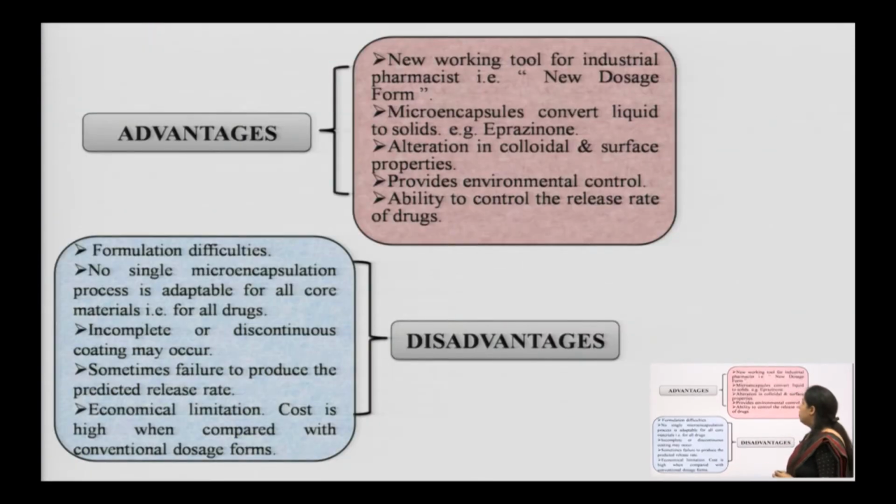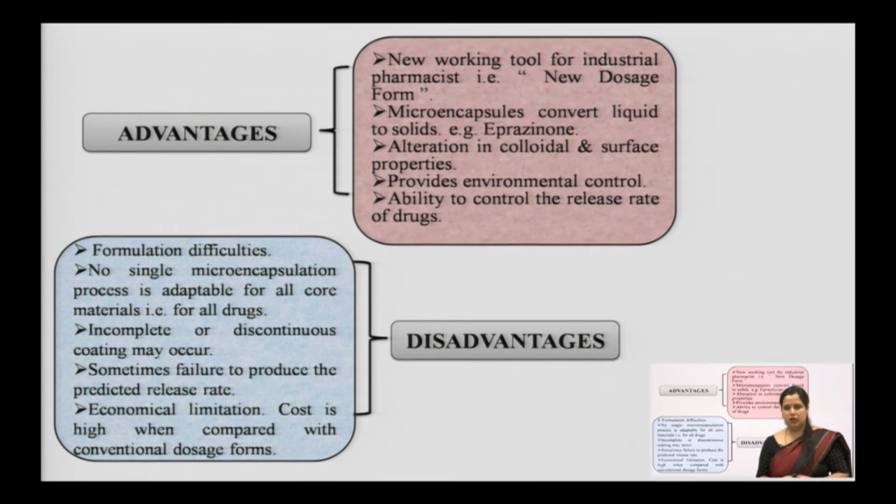Now, we will discuss the advantages. Why we choose microencapsulation technique over the conventional dosage forms. Conventional dosage form means the oral solid dosage forms like tablets, capsules. Okay. So, here are some advantages, like it is a new working tool for industrial pharmacists.